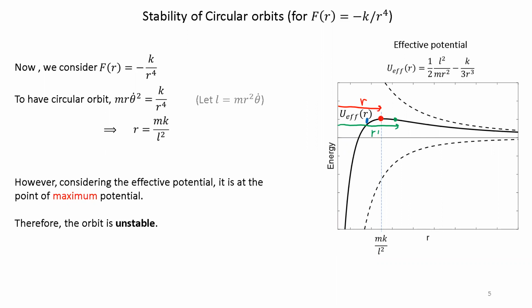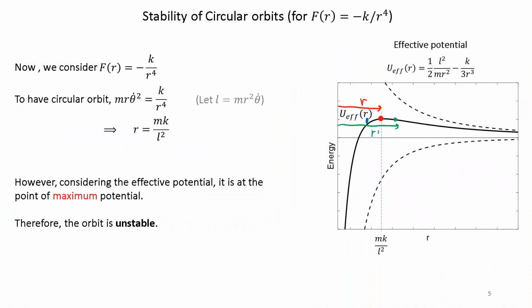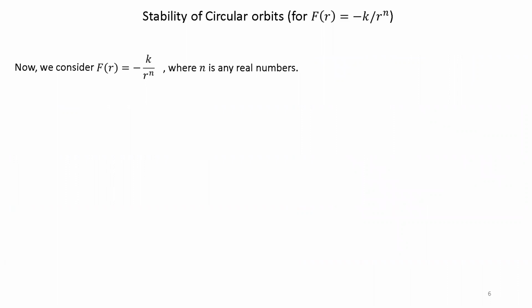The trick you can see from this example and the previous example is that the key is whether the stationary point here is a maximum point or a minimum point. That's the key difference. So let's take a look at this general case, k divided by r to the power n.